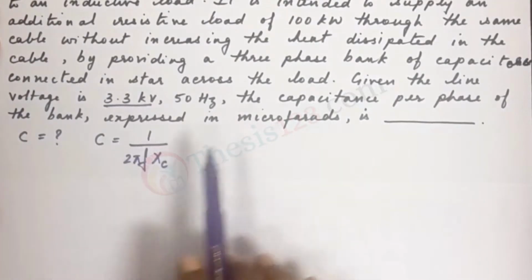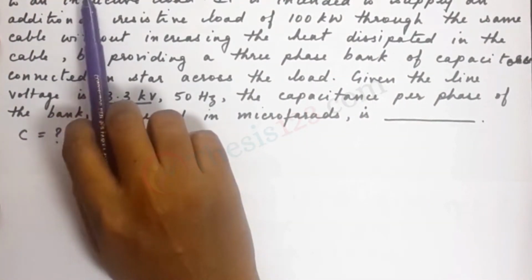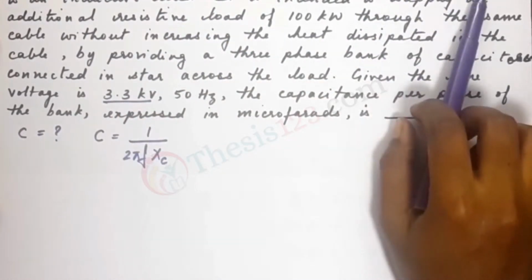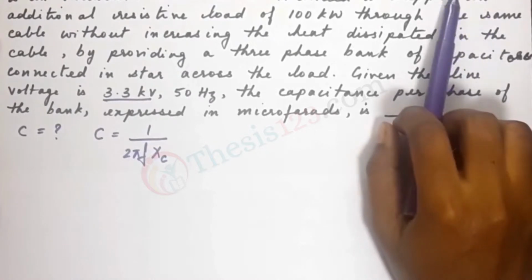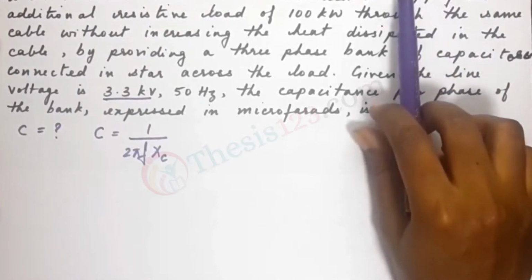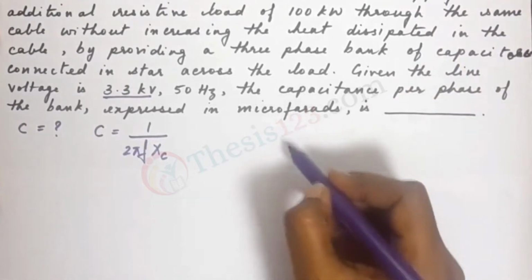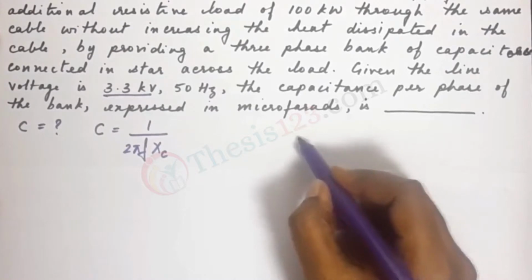Okay, so coming to the first statement in the question, the three-phase cable supplies this. So the first step, find out the kVA value. The kVA value is the resultant of both active power and the reactive power. Now you are quite familiar with how to calculate the resultant power, right?